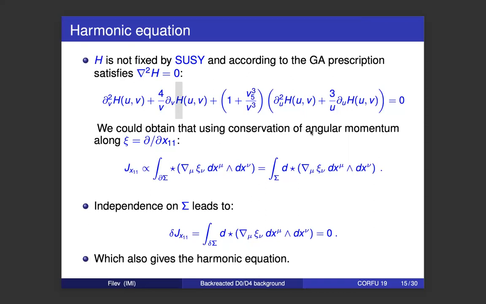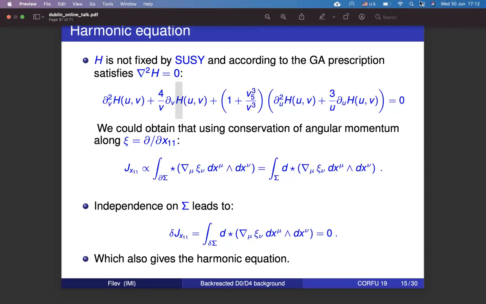What I'm missing here is the analog of this angular momentum, because I'm deforming the geometry. Now it's not an angular momentum, but something else. But there should still be, and there is actually even more that is missing here, and it's going to become clear, I hope.